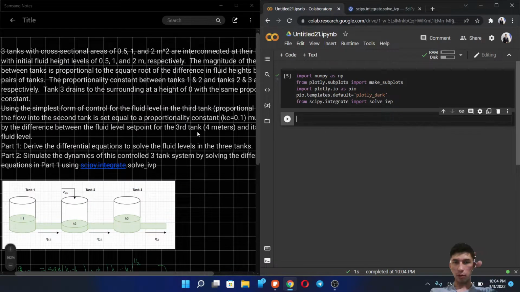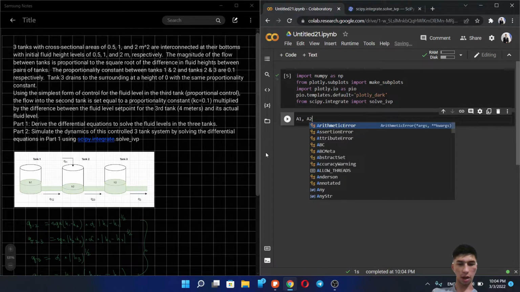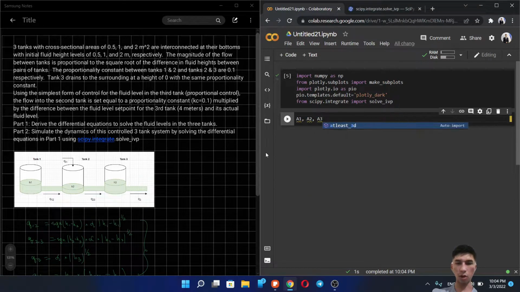So if we go to our initial problem, we are given some values for our cross-sectional area and for the coefficients. So what we can do is give the values for them. We have 3 cross-sectional areas, right?